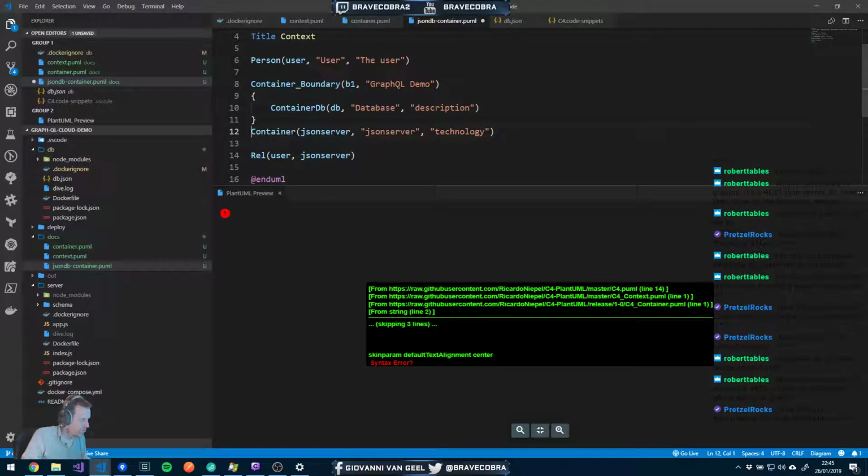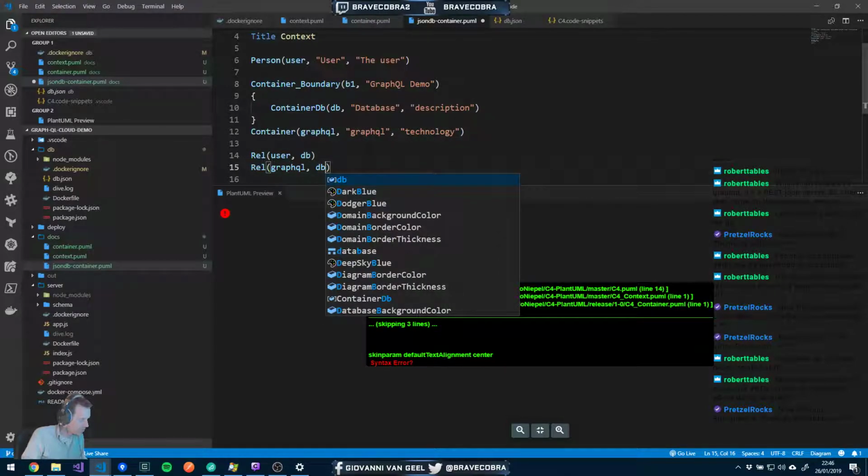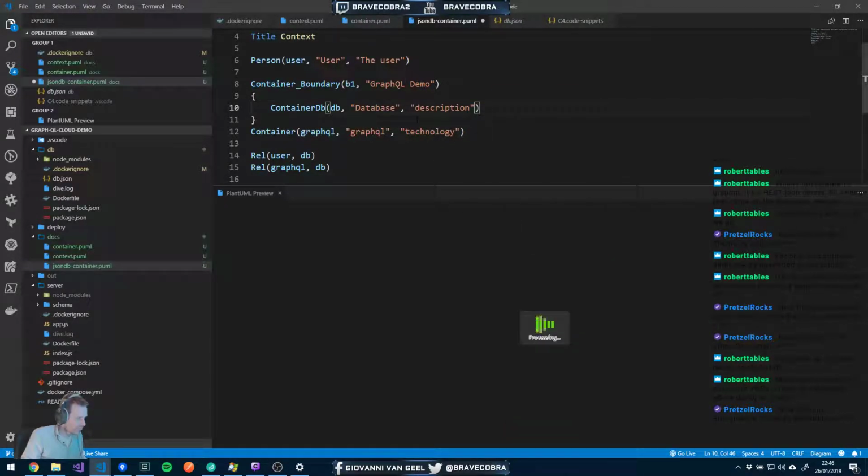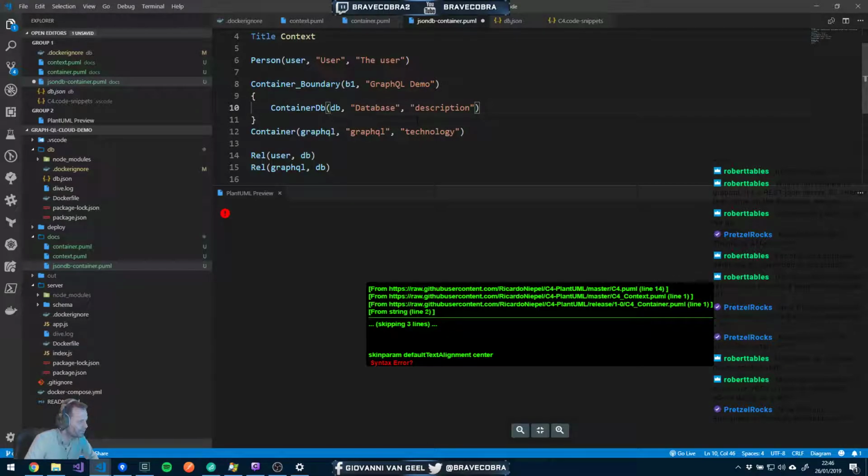So we get a user directly connecting to a database, and we have the GraphQL one connecting to the database. Okay. Let's see.